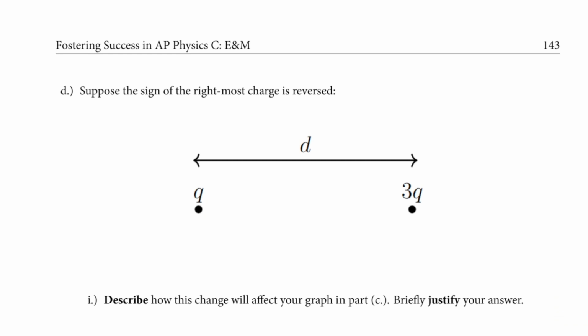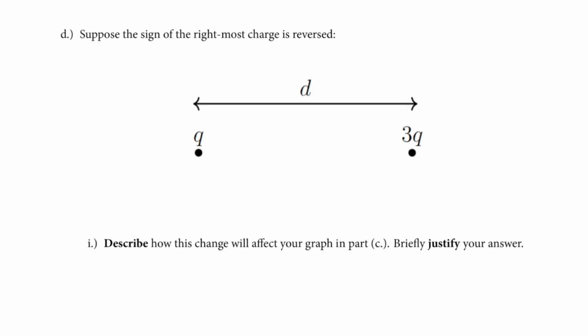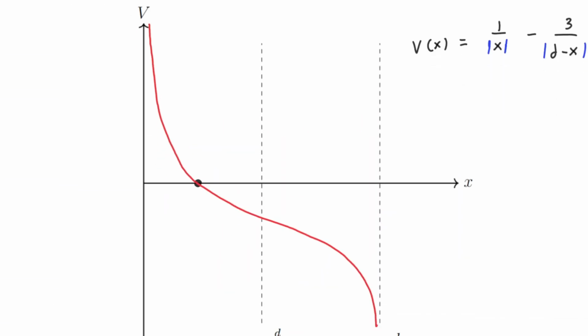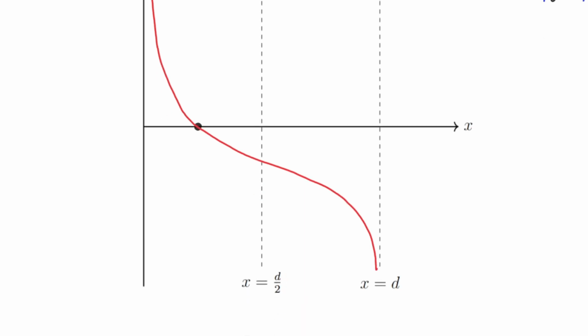All right, suppose we change the rightmost charge. Describe how this will affect your graph. So let's think about how this graph related to the charge being negative on the right. Well, we see that the negative charge on the right is what made this graph actually dip negative and spike into the negatives.